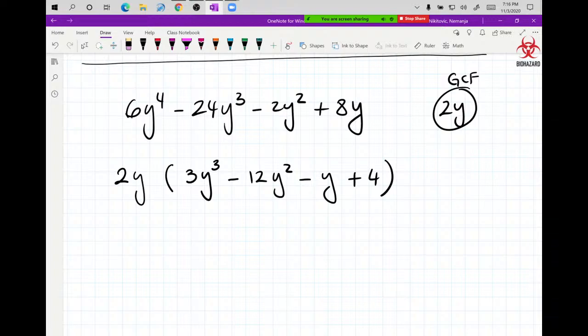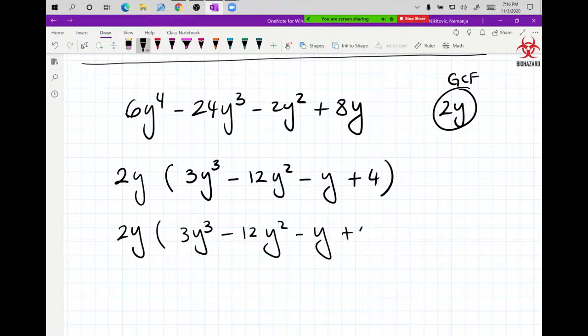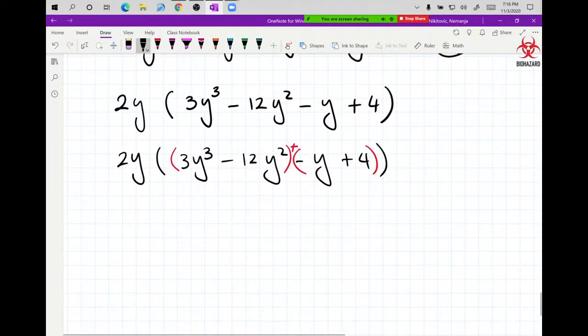Now, we also have a little bit of an issue here with the problem, being that these negative signs are not cooperating with us, but sometimes such is life. So we're going to group this the way we are used to. There's a plus in between. And now when we start factoring, we always have to copy this 2y in front.